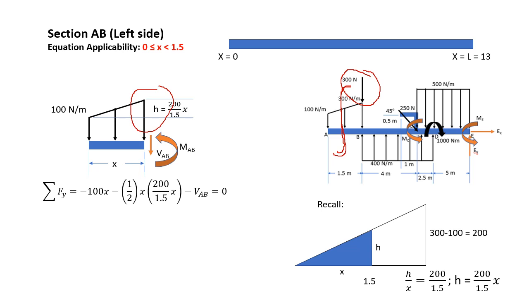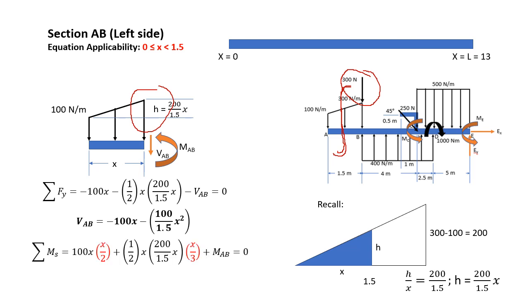So here's the 1/2. And then x is the base, and 200 all over 1.5x is the height. Then, of course, you would subtract your VAB as well. So, simplifying the equation, we would have VAB is equal to negative 100 times x minus 100 all over 1.5x squared.